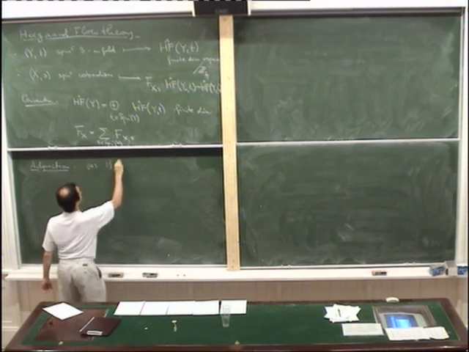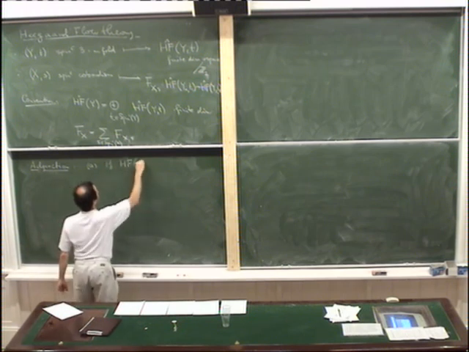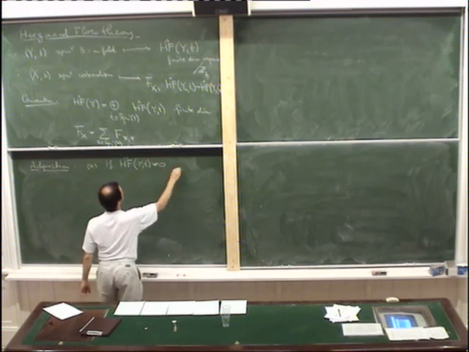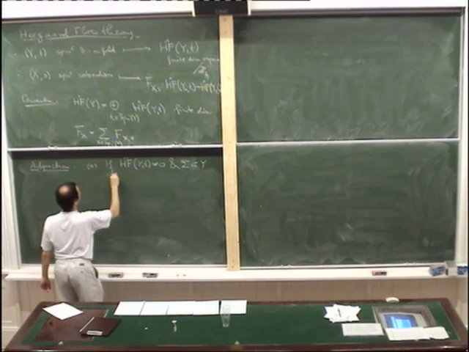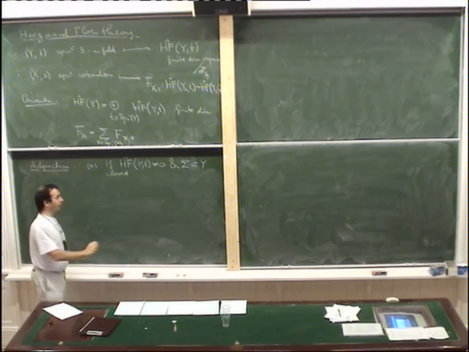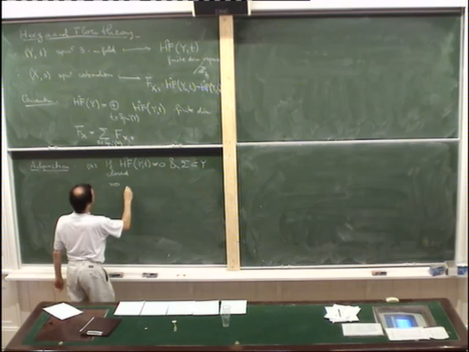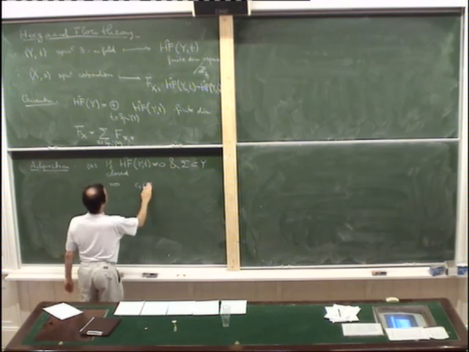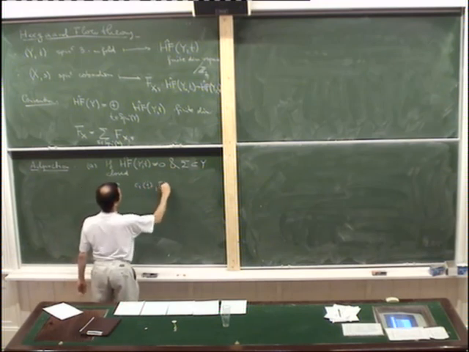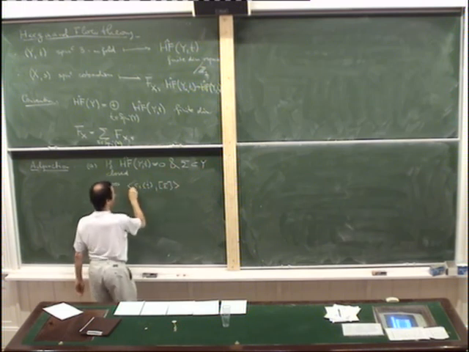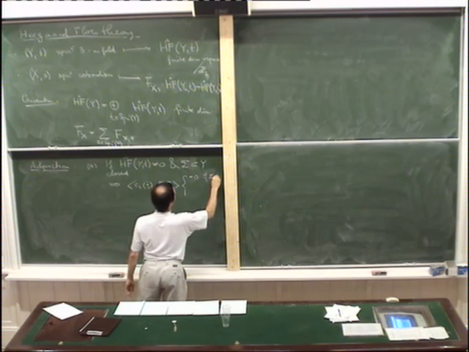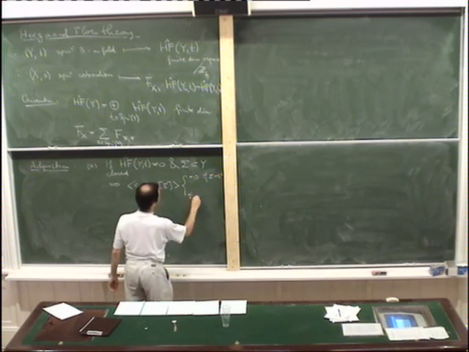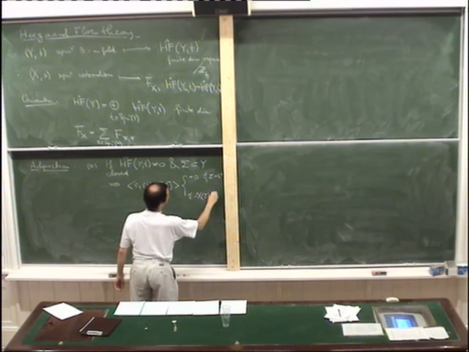So the statement is that if HF hat of (Y, T) is non-trivial and sigma is a closed surface in your 3-manifold Y, then c1 of the spin C structure T evaluated on the homology class of sigma is either 0 if the surface is S2, or less than minus chi of sigma if it is not.